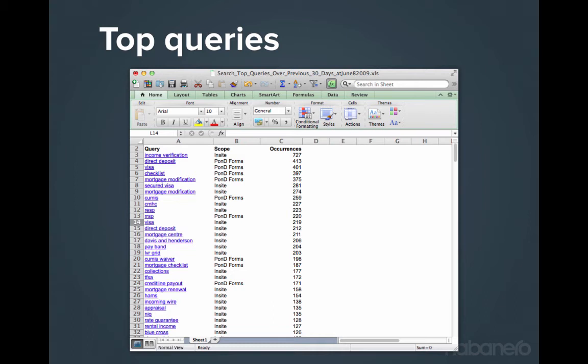You can also add the number of search results returned per query. I like to get a sense of whether there are tens or hundreds or thousands of search results coming back for particular queries, because that can indicate that your content might have a problem or your search engine might need tuning.